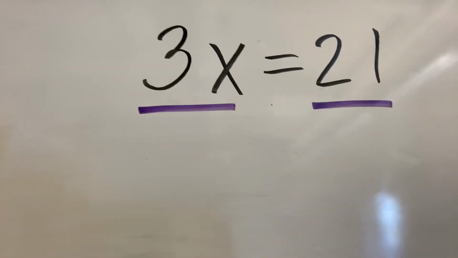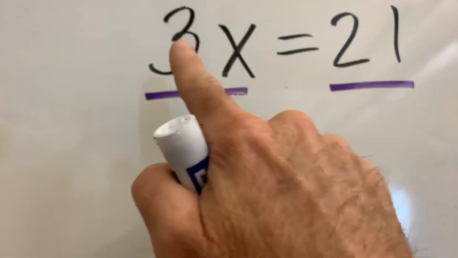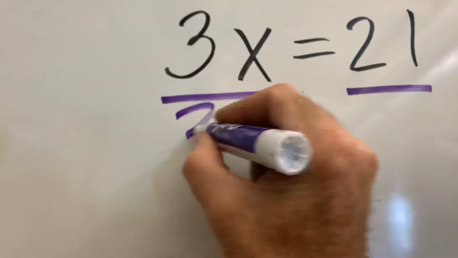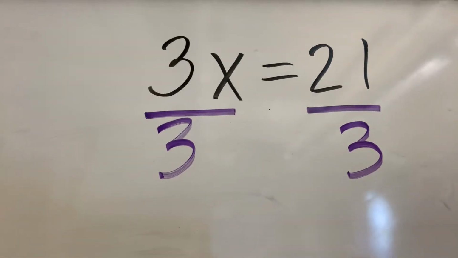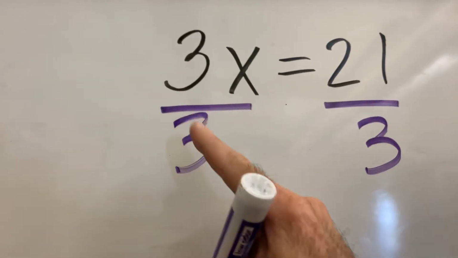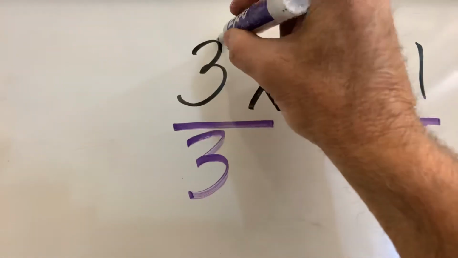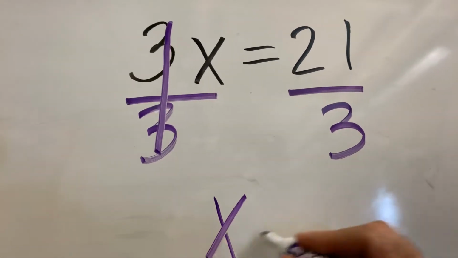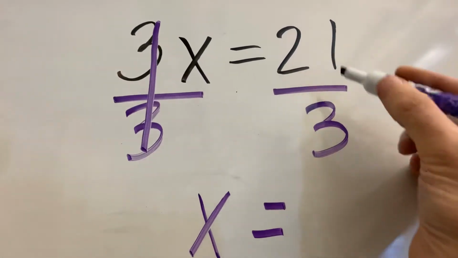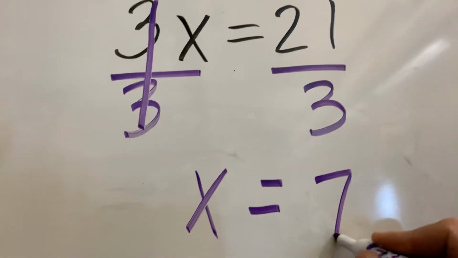If you want to get that x all by itself, you're going to divide both sides by the coefficient. The reason why is the coefficient divided by itself is always going to be 1. So we have 1x equals 21 divided by 3 is 7.